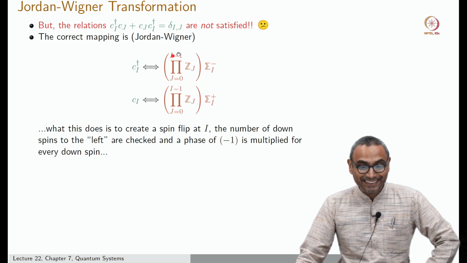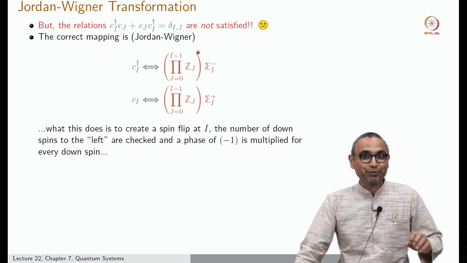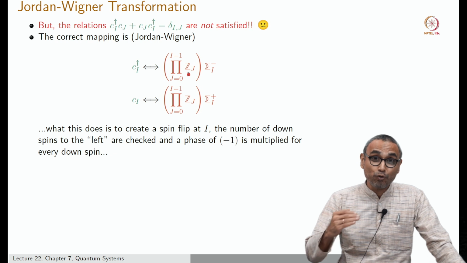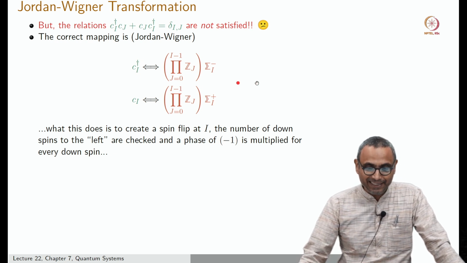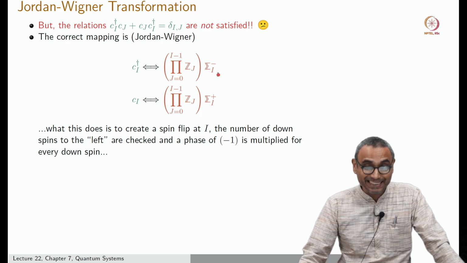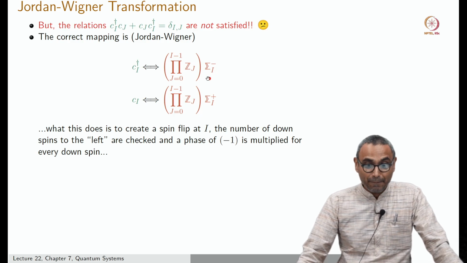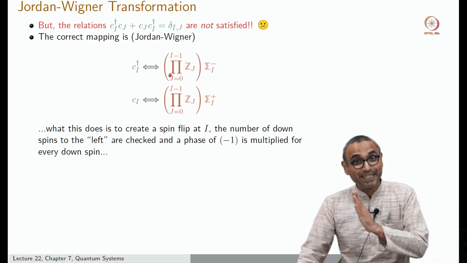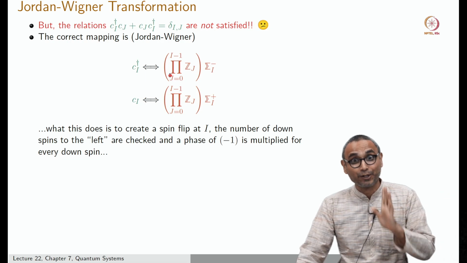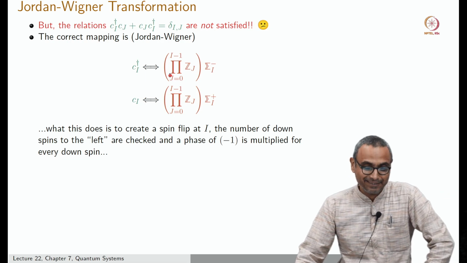But what about this? What we have to do here is enforce by hand that if I want to create at i, that is the same as doing sigma minus at i, we agree with that. But when I do sigma minus at i, I should check how many down spin states are there to the left on any given state.